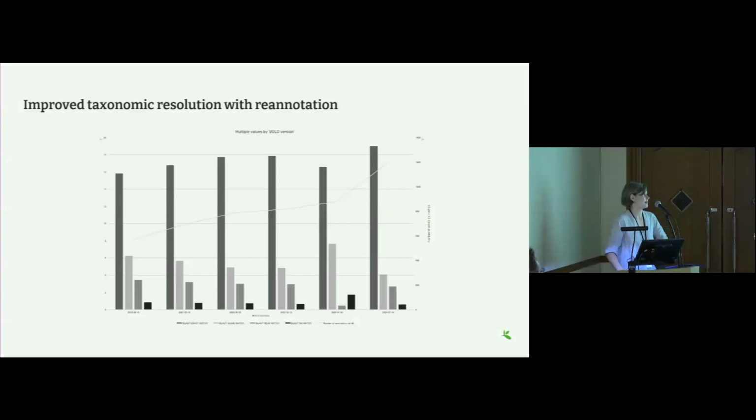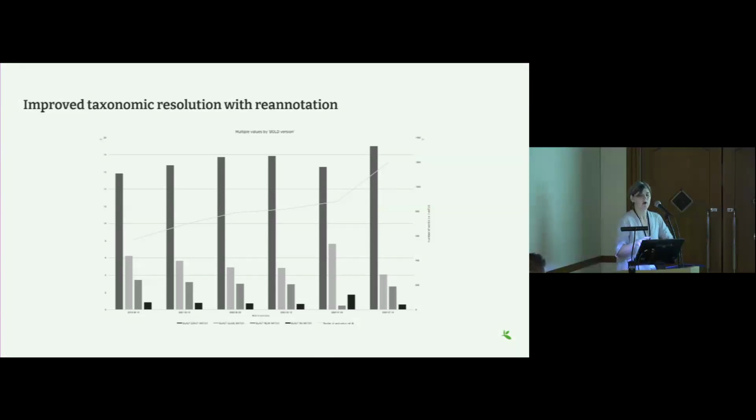So just as an example, this is one data set where we have re-annotated over time. We started back, you can't see that, but back in 2019 until, I think, 10 days ago, where we have been re-annotating, and as you can see, it really matters. You see an increase in the amount of matched records.